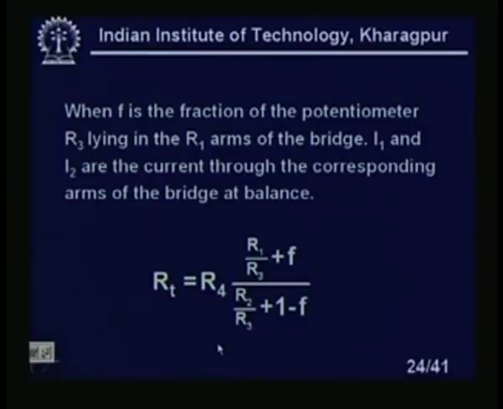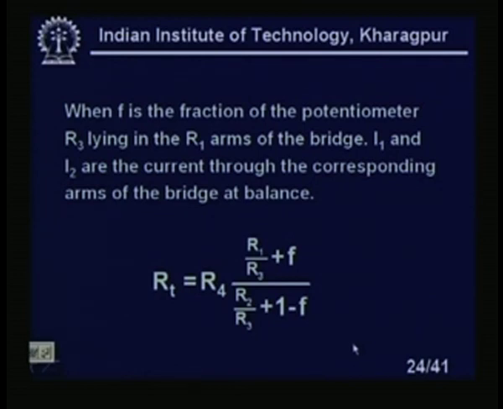So, at bridge balance we can write RT equals R4 times the ratio (R1 plus F R3) by (R2 plus (1 minus F) R3). F is a fraction of the potentiometer R3 lying in the R1 arm of the bridge. So obviously, in the R2 arm the fraction of the potentiometer will be R3 multiplied by (1 minus F).